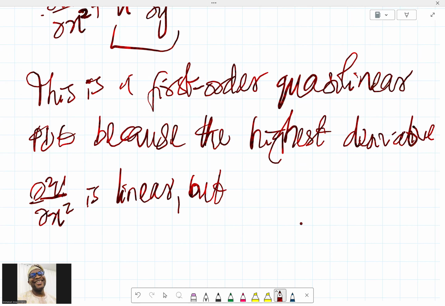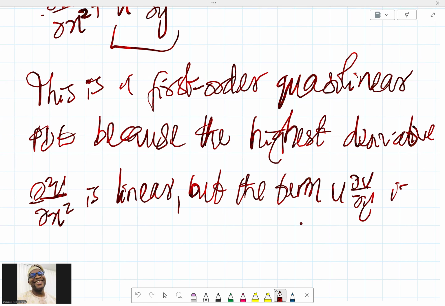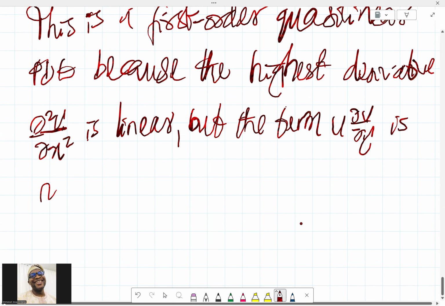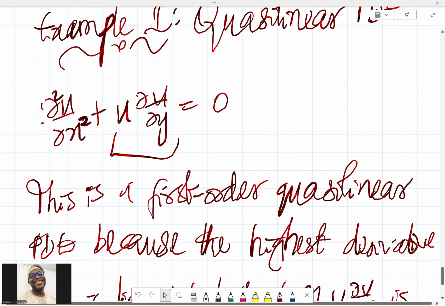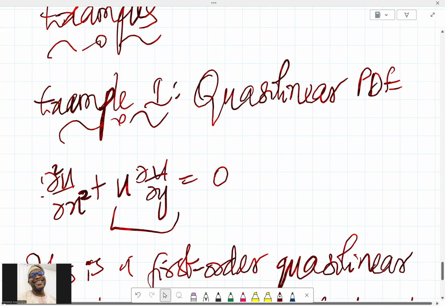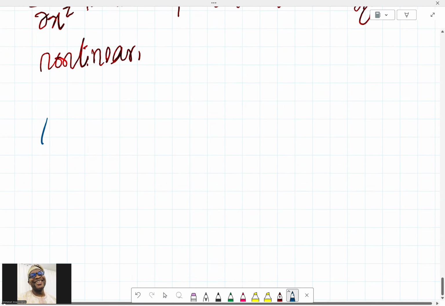But the term u partial y is nonlinear. This is a very perfect example of quasi-linear. The highest order derivative is linear, but you have lower terms that are nonlinear. That's why it's quasi-linear. It looks linear, but it's not quite linear.